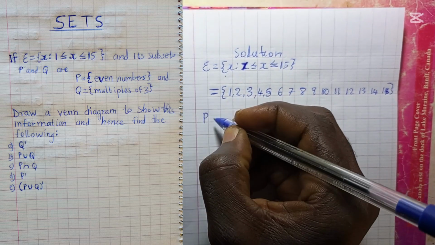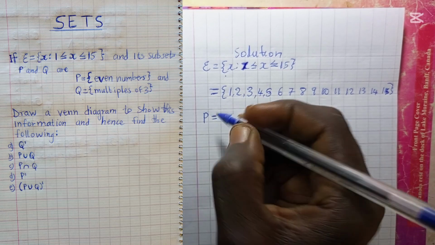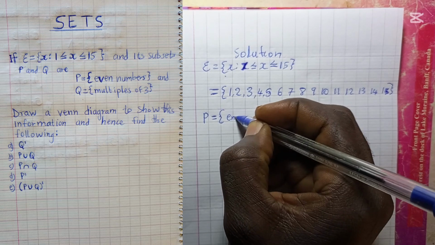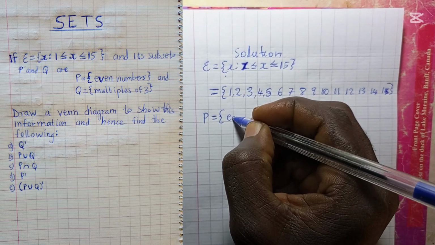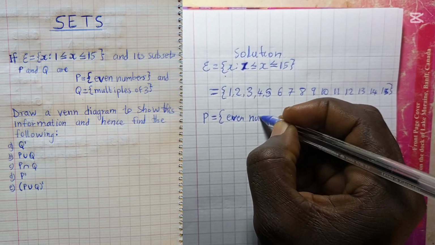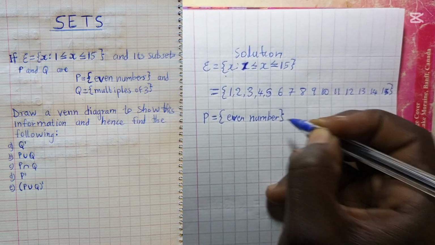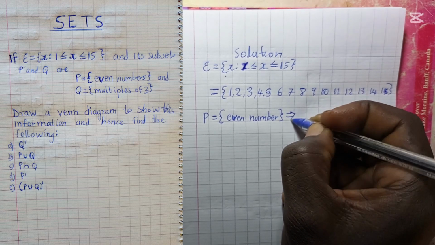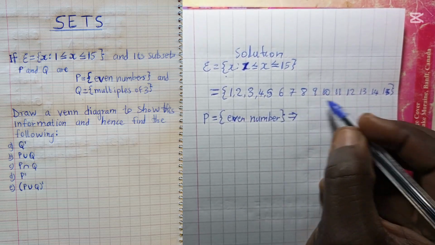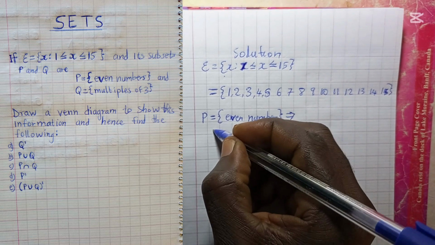Also, they said the set P is equal to even numbers. Remember, they are subsets of the universal set. P is a set of even numbers, which implies that P is a set of all the even numbers that can be found in the universal set.